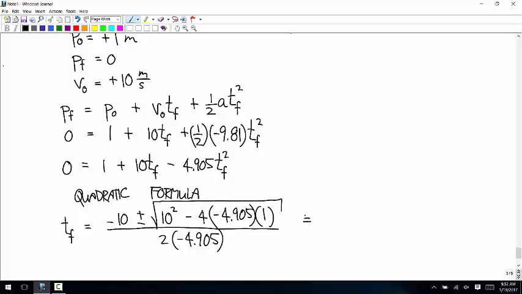Can you do that in your head? Square root of. I want it to 4 significant digits.